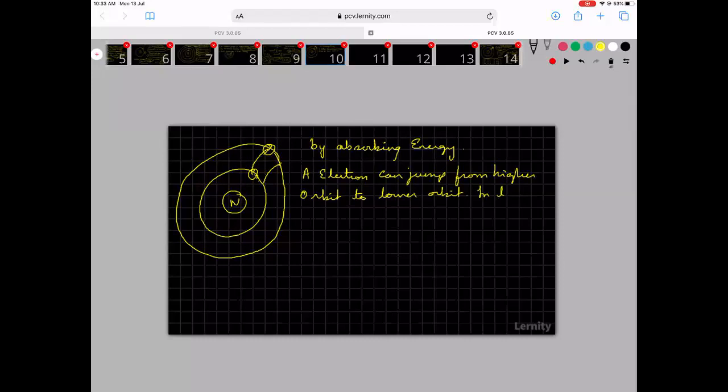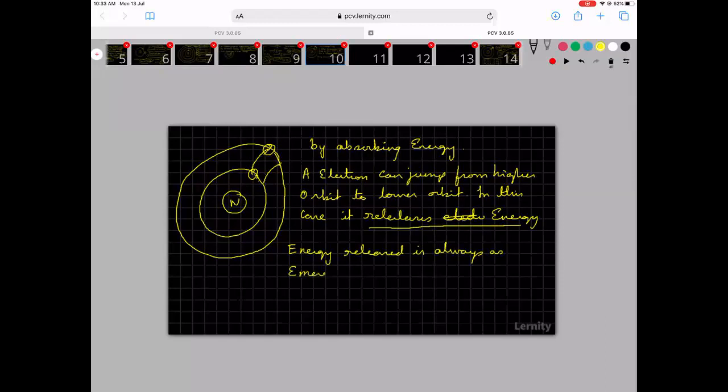In this case it releases energy, and the energy released is always as electromagnetic radiations. Energy released is always as electromagnetic radiations.